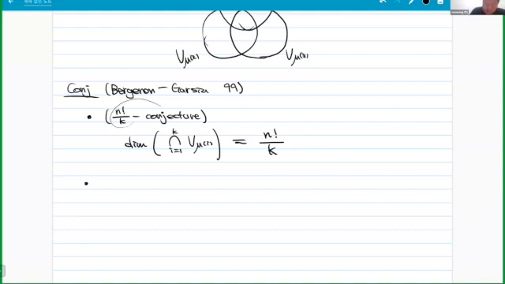That's why we call this the n factorial over k conjecture. It also conjectured that we can calculate the graded Frobenius characteristic of this intersection in a very precise way.